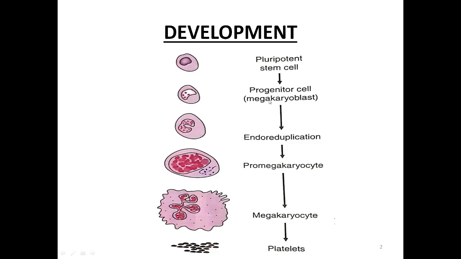Then this megakaryoblast will undergo further endoreduplication. What is endoreduplication? That is, nuclear chromatin will replicate in multiples without any cell division. So, when this megakaryoblast undergoes endoreduplication, it gives promegakaryocyte, which has nucleus and cytoplasm, right?